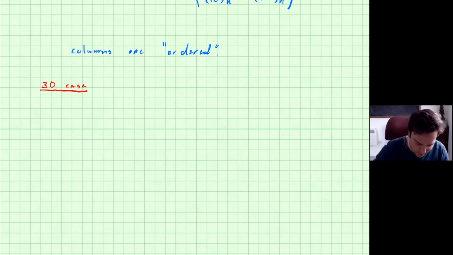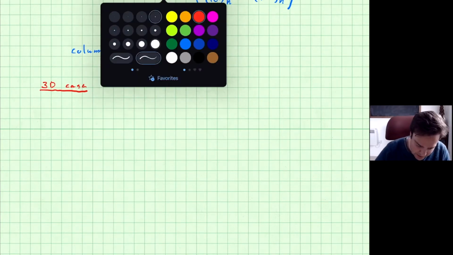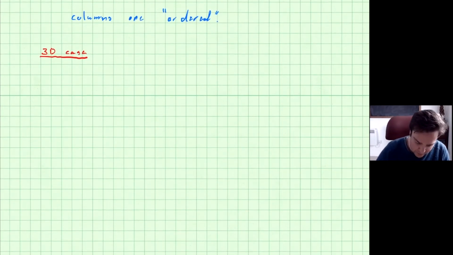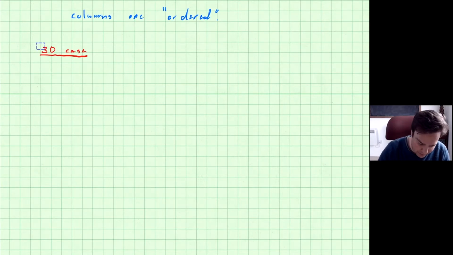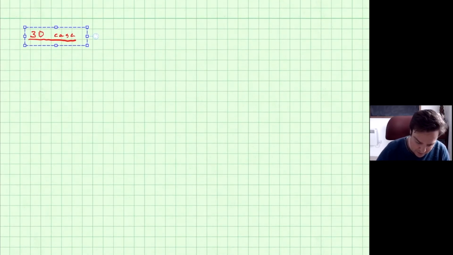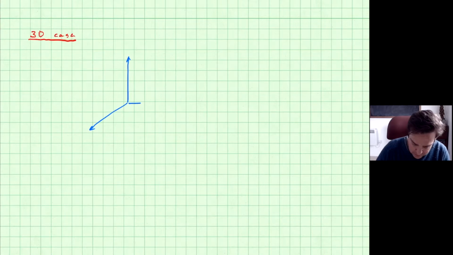I'm not going to write all the details for this. Let's suppose the data is now like this. So you've got these 3 different axes, and I'll name them in the traditional mathy way.